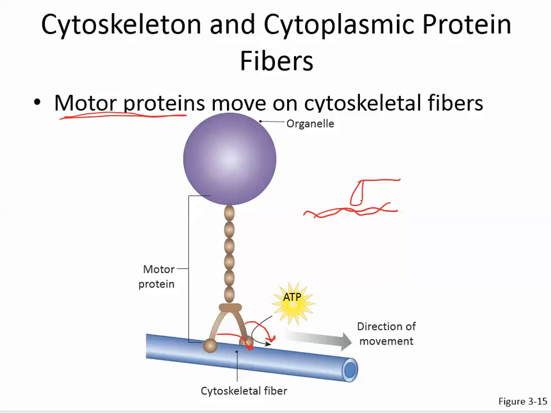You have these motor proteins that are specialized to walk along a fiber. In the case of muscle contractions, this is an actin fiber, and this is myosin. We're going to learn that later on. But right now, you can see this guy will keep changing its shape every time it binds, and it will walk along this filament in that direction. And of course it requires ATP, which is energy, to do it.